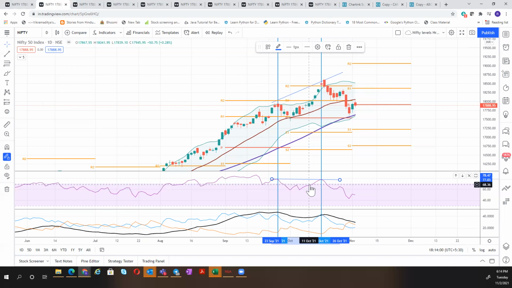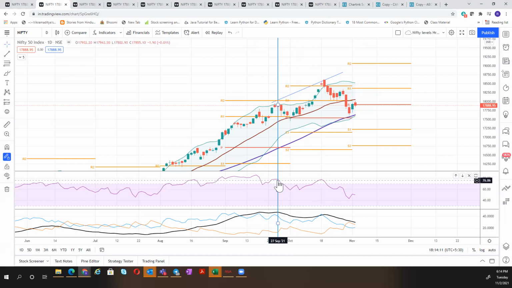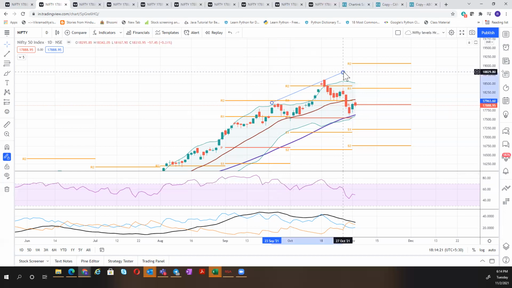Profit booking may start, please be cautious. Divergence can be caught in the MACD indicator or RSI indicator or even on the ADX indicator. But with RSI, there are a ton of trading tricks which I would like to introduce to you. That is for the next video.